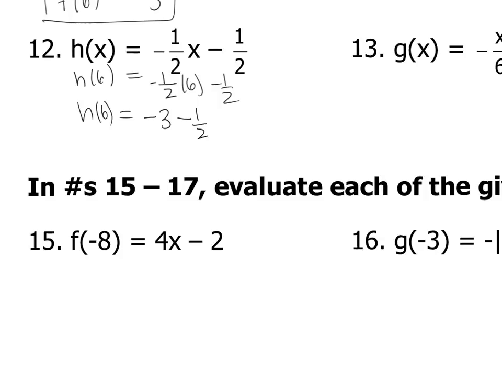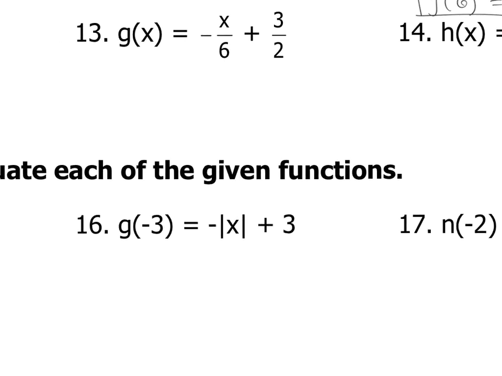Negative 3 minus 1/2, since these are both negative, it's like we're adding, so it's like saying negative 3 and 1/2 more is negative 3 and 1/2 altogether. You can say negative 7/2 or negative 3.5 as well. Those are the same number.